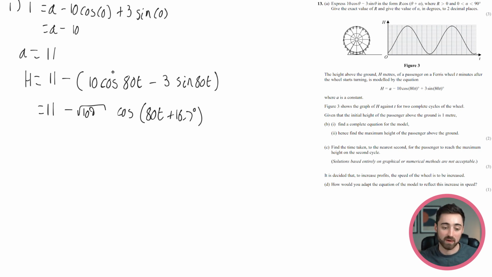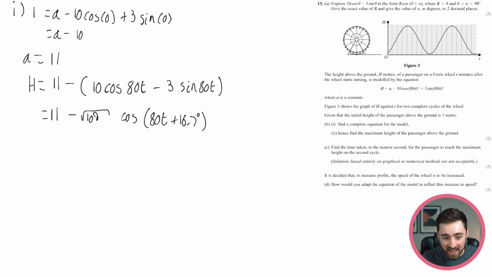So it says the maximum height. This is super easy now. I don't care about how confusing this thing inside the cos is, because all I know is that the cos is between 1 and minus 1. So how am I going to maximize h here? Well, because I'm minusing this, I want to make this as negative as possible so it turns into a positive.